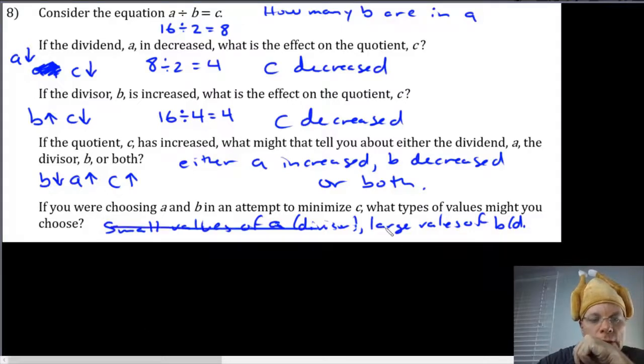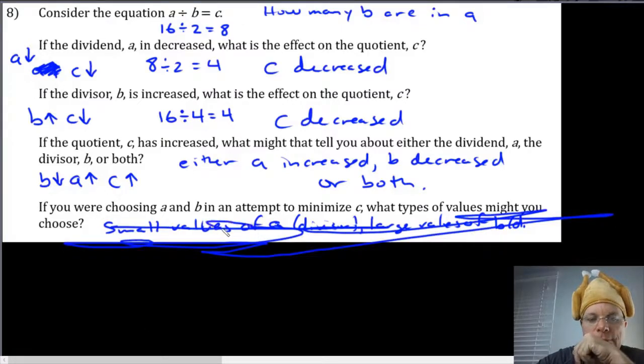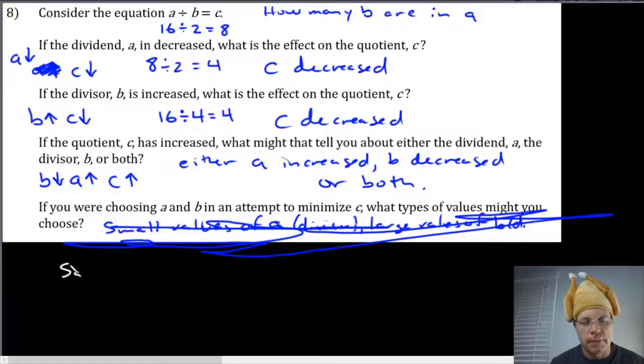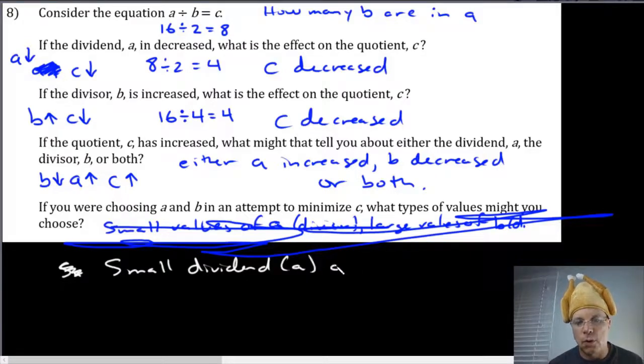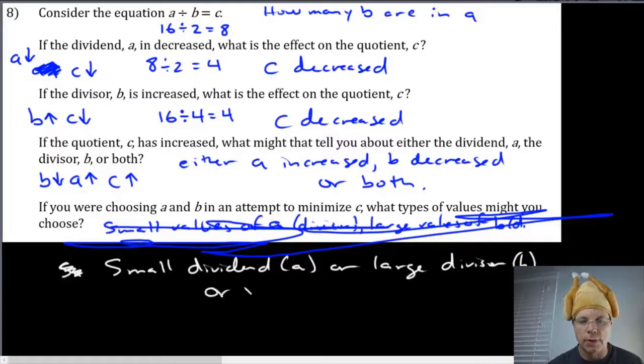Let me write it down here. A is the dividend. You either want small values, you either want a small dividend, and that's A, or a large divisor, which is B, or you want both.